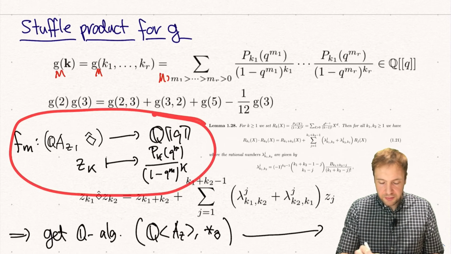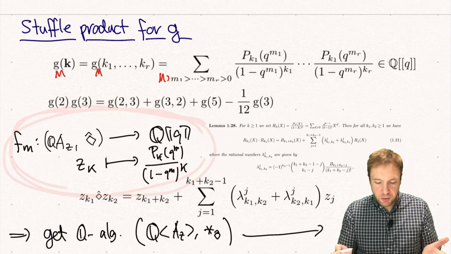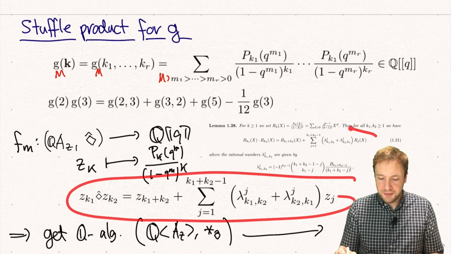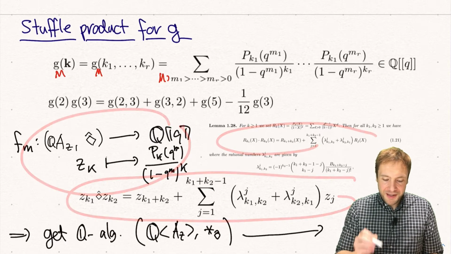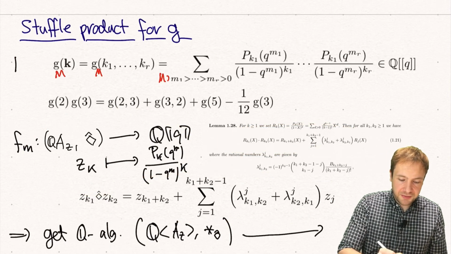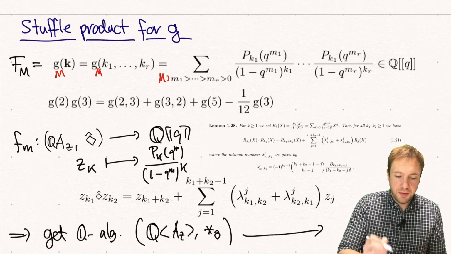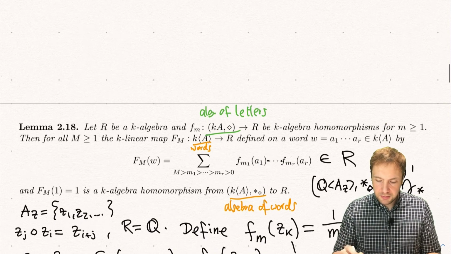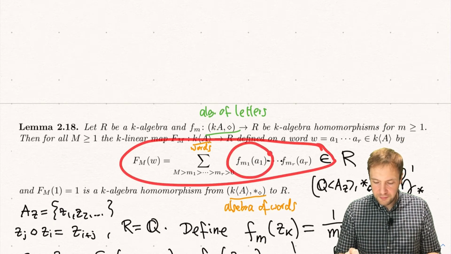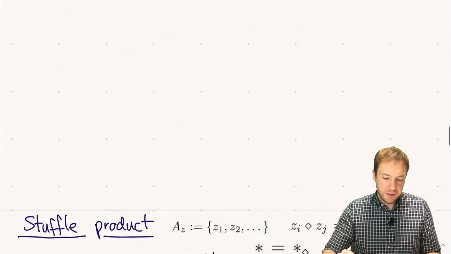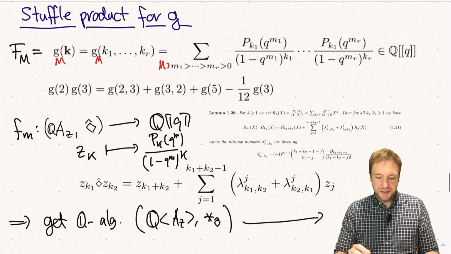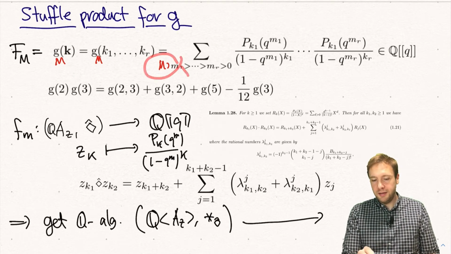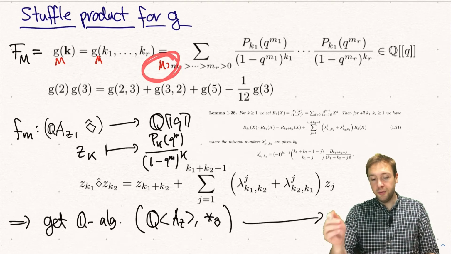And first you can check that this is an algebra homomorphism because of this lemma, because the definition is exactly such that this is an algebra homomorphism. Then you can see that the capital M, Fm, in our lemma here, if you use these Fm with these Eulerian polynomials, then this is exactly these truncated g's, but this also makes sense in the case when m goes to infinity.